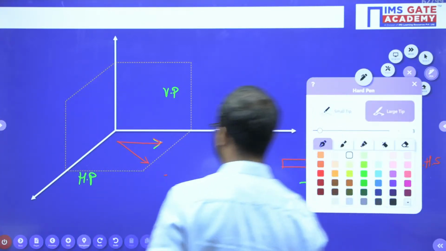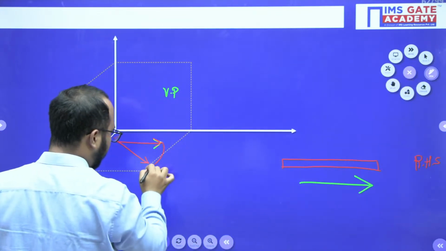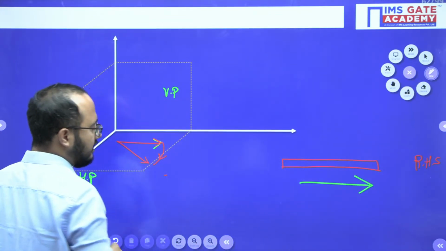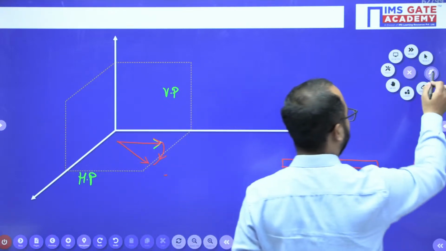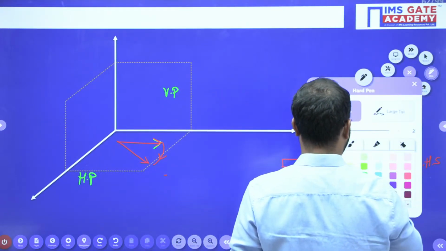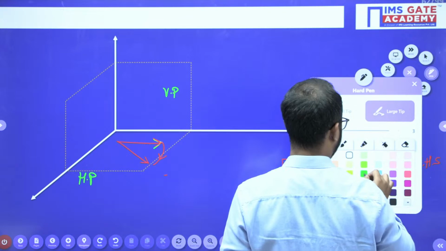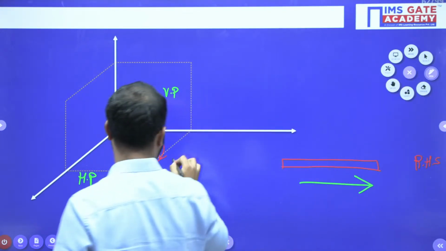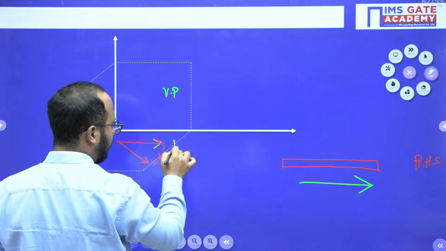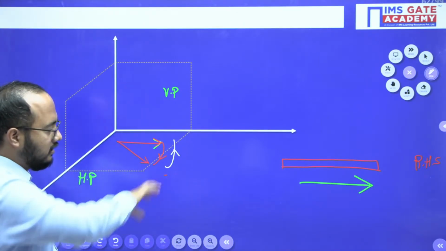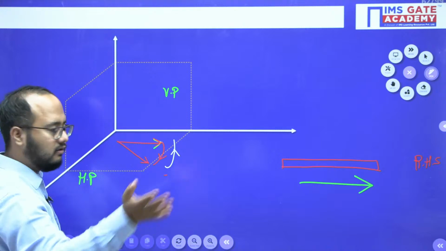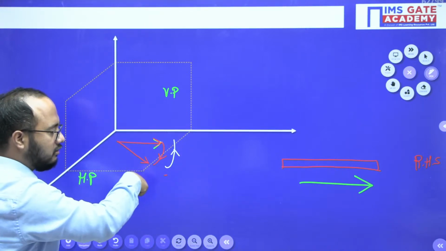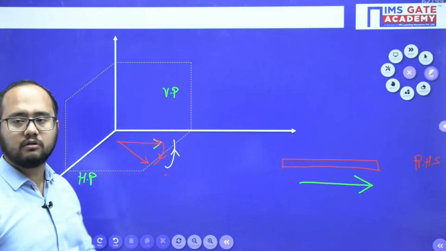This point you should understand as the active gyroscopic couple. And this will be what? The reactive gyroscopic couple. Wherever you have taken the turn, in that direction is the active gyroscopic couple, and opposite to that is the reactive gyroscopic couple.